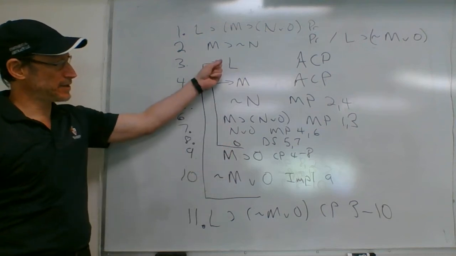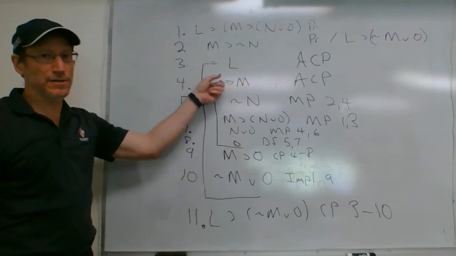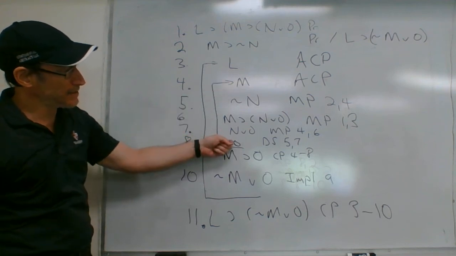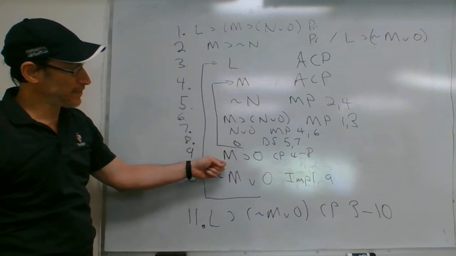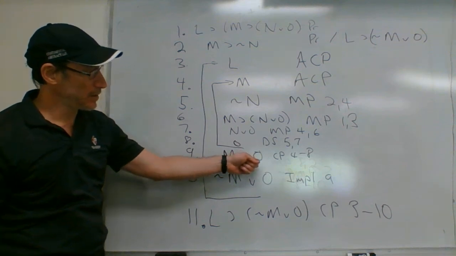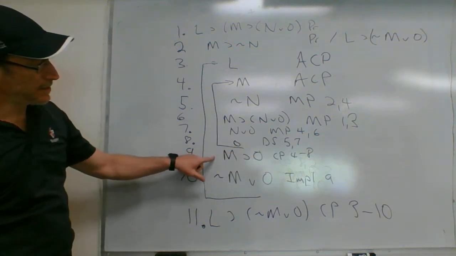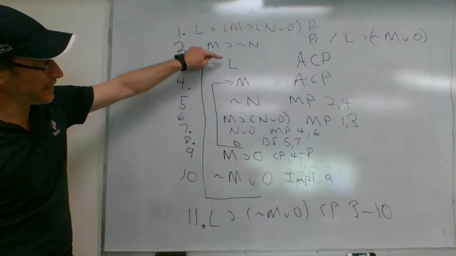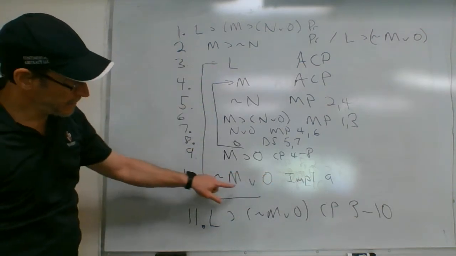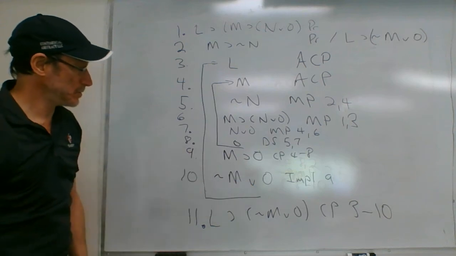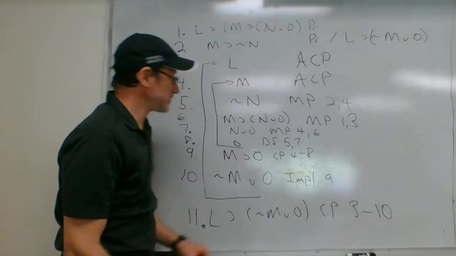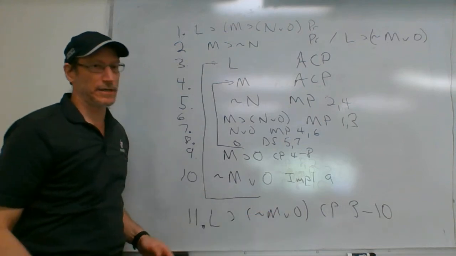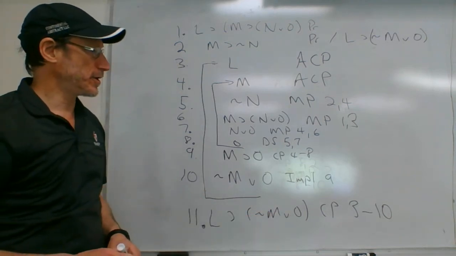I assumed that L is true, then I made another assumption that M is true. I showed that if I assume M, I can get to O, so that means I can infer M horseshoe O. And then I continued with my rule of implication, and that shows that if L is true, then not M wedge O is true. And then I concluded the proof by saying, if L, then not M wedge O. So that's conditional proof on 3 through 10.